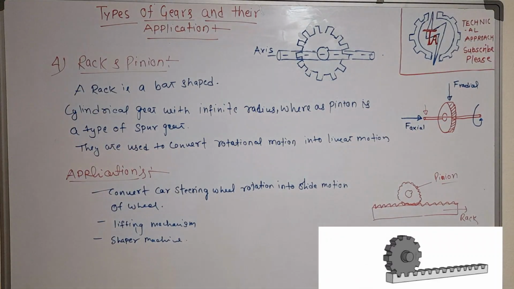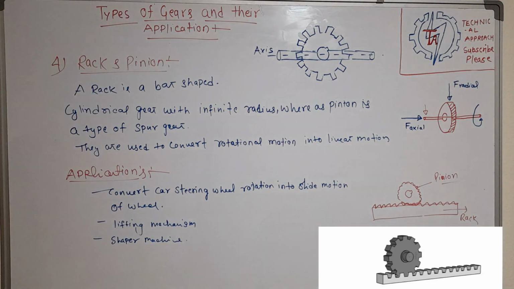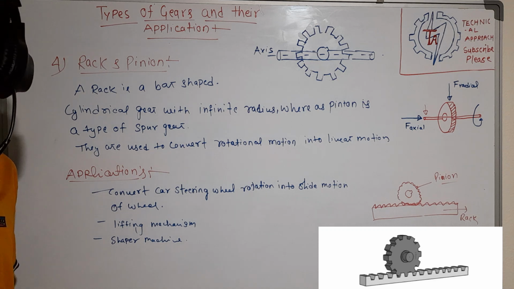They are used to convert rotary motion into linear motion. Application of rack and pinion: convert car steering wheel rotation into sliding motion of the wheel. Another is lifting mechanism or shaper machine.